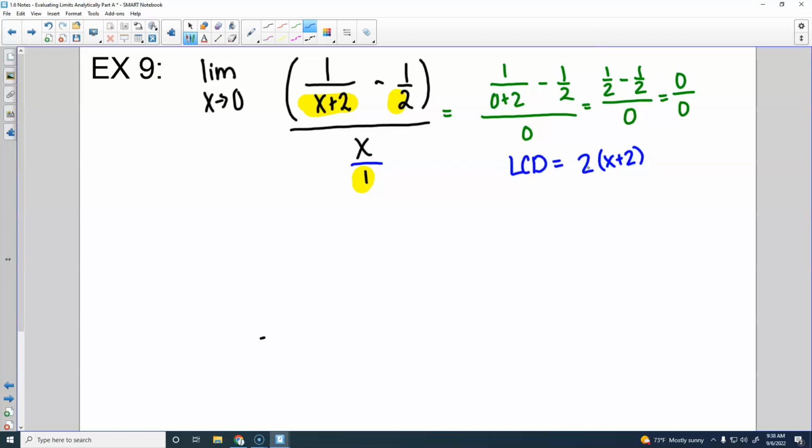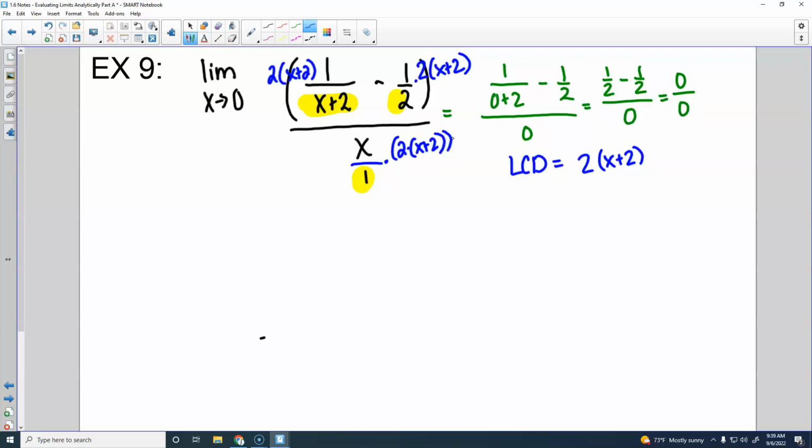So there's a couple ways you can think about doing this. So we could just multiply everything on top and everything on bottom by 2 times x plus 2. So if I do that, I've got 2 times x plus 2, and then over here, I've got 2 times x plus 2. And right here, I'm multiplying by 2 times x plus 2.